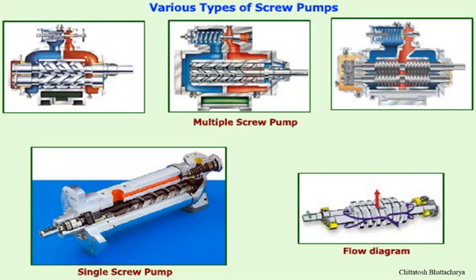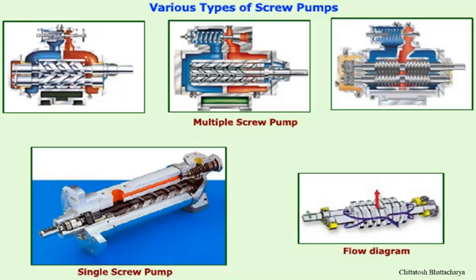When these screws rotate, naturally the fluid is sucked across the screw axially, and then this fluid is discharged from the end of the transmission path through the discharge duct. So there is an axial suction and radial discharge across the screw.